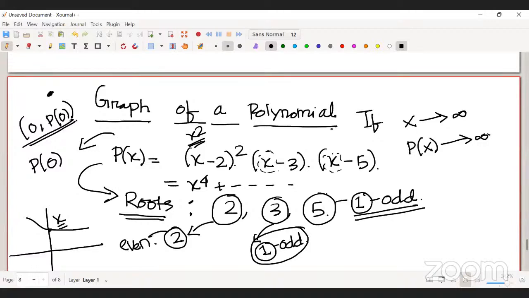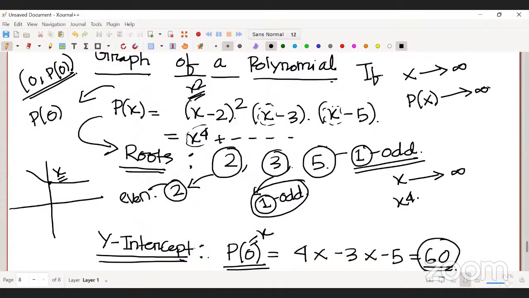Now if x goes to infinity, where will x power 4 go? It also goes to infinity. So this leading, highest degree term will give you the end behavior of the polynomial.